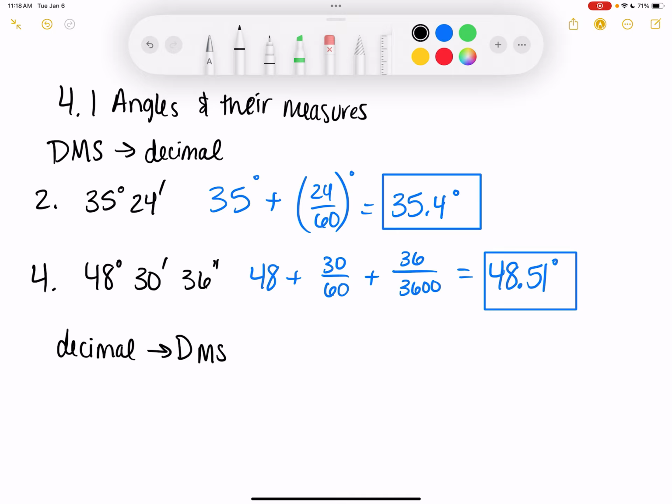And then sometimes the book is just super extra and uses minutes and seconds unnecessarily, like with the rotation of a tire. Very unnecessary. So yeah, there are some problems I kind of just skip over, but I want you to know how to convert them in case it comes up, but it's not super common.